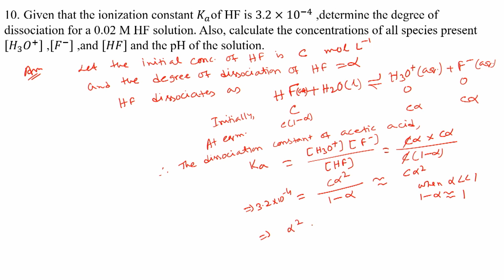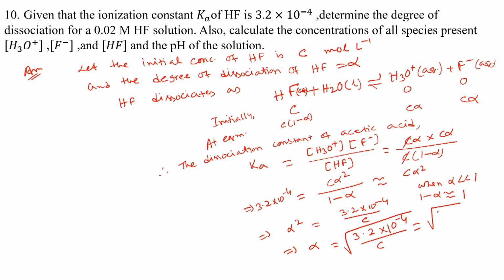So alpha square is 3.2 times 10 to the minus 4 by C, or we write alpha is 3.2 times 10 to the minus 4 by C, and then we have to take the square root of this. Now we know the value of C is 0.02 molar, so we substitute it here.